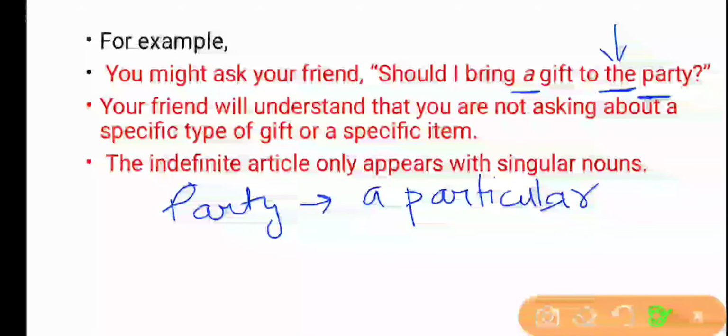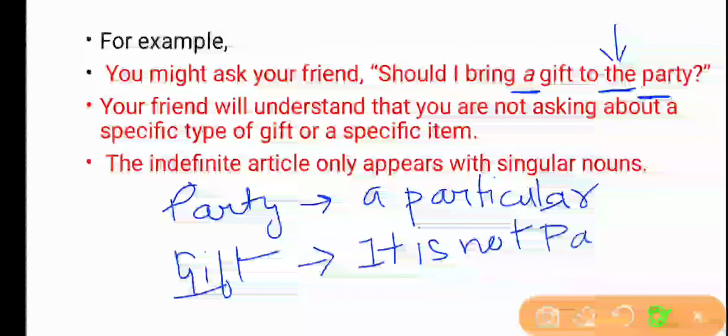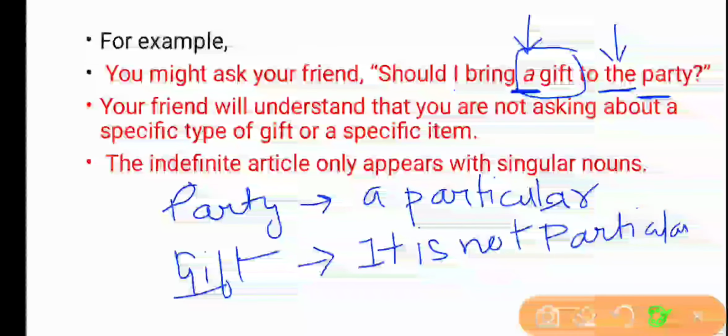But when I'm talking about a gift, here it is not particular, because a gift can be any item of your choice, right? Or of your friend's choice. So, "Should I bring a gift?" Here, "a" is the indefinite article and "the" is the definite article.